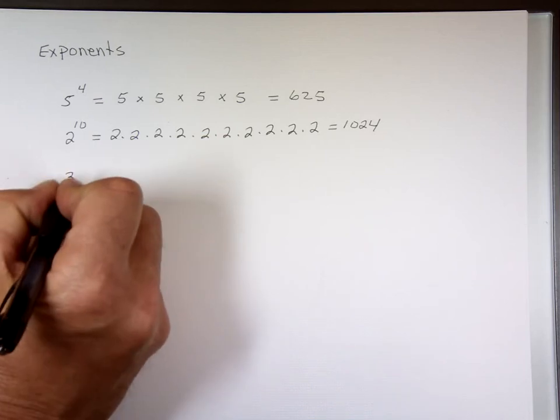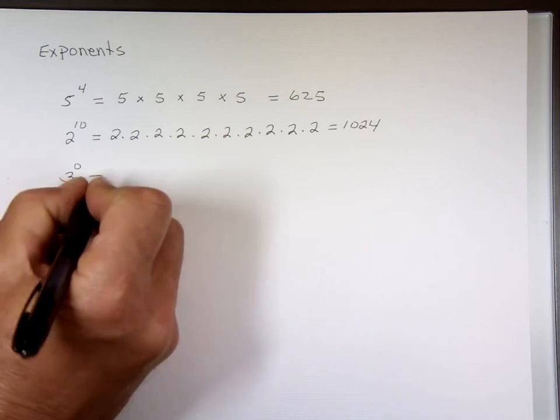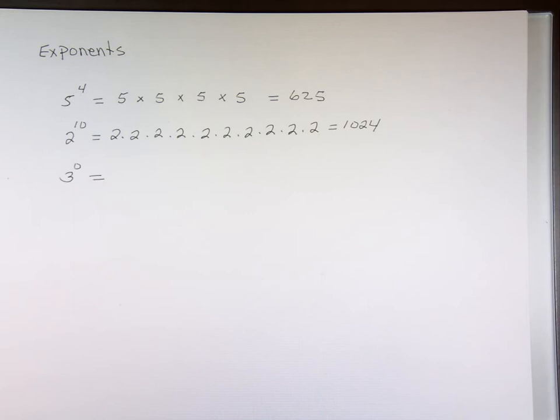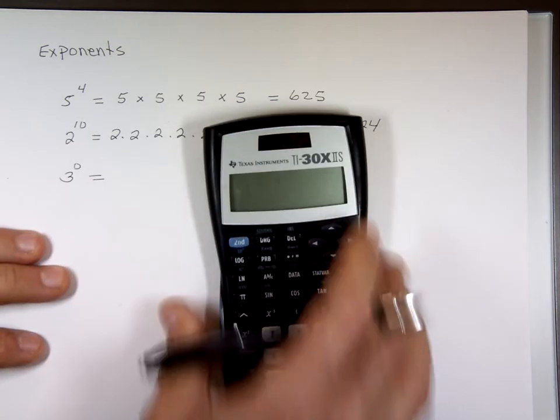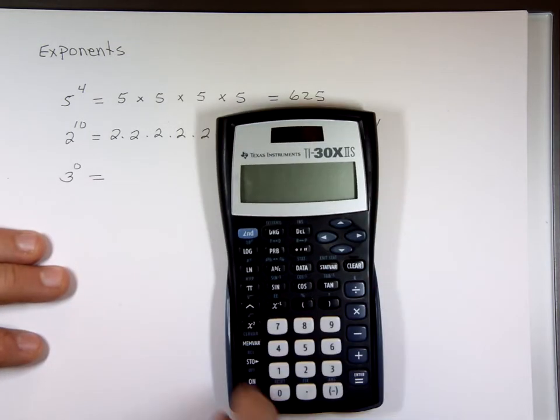When you see 3 to the power of 0, what is that? Anyone has a calculator I can borrow for a second? Basic one. I don't want a good one. I want a cheap one, just to show you. Turn on.